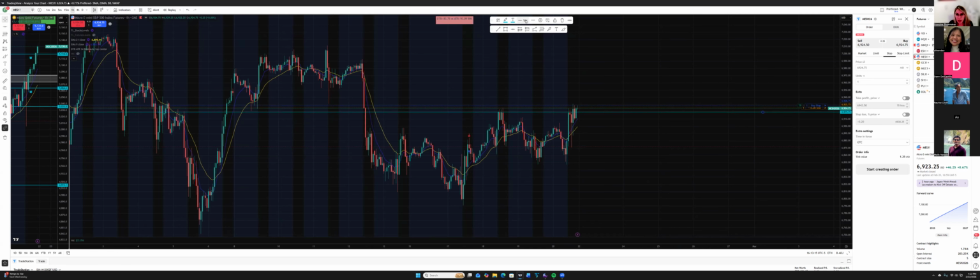I also don't mark on the wick, I mark on the body of the candles. I feel like it really respects those levels. This is how I would mark them: every pivot like that on the 1 hour, I would mark.